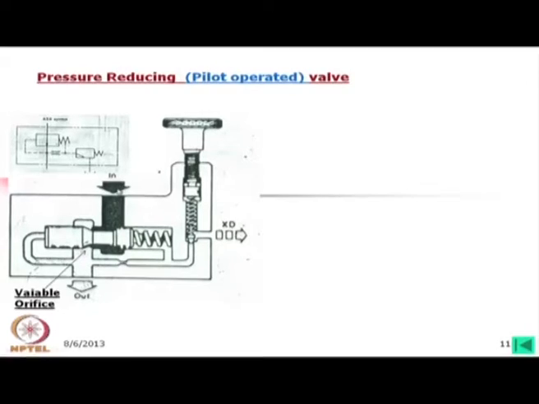So, this is the flow coming into the valve and here is the main poppet and here is the main orifice. Variable orifice means when this moves this way or that way, this orifice will open. So, this is the main orifice. Now, the orifice to this pilot stage is on the reduced pressure side, the outlet side, not on the inlet side.